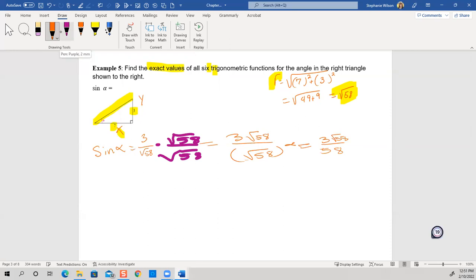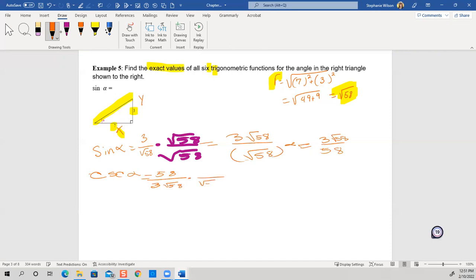Now you can go ahead and do the secant if you want to right now, or the cosecant, because we know it's the reciprocal of sine. Of course, in the homework, it might not ask you in that order, but if you already have it on your paper, that's all right. I know that I'm going to write the reciprocal of sine here. And what happens, it gives me the root in the denominator, so we're going to do extra math.